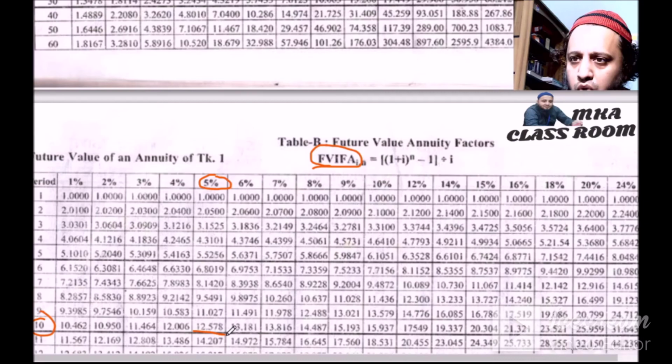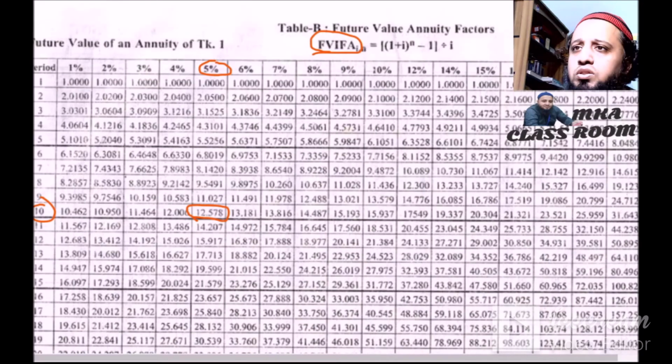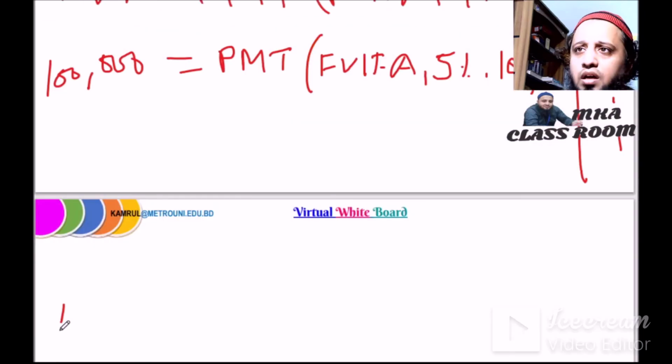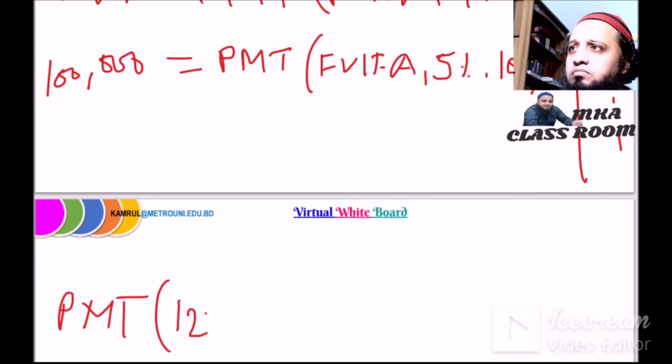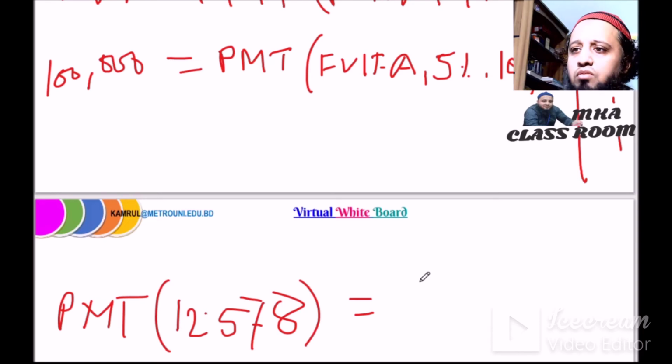Do you see this value? 12.578. So if we write down the value, PMT times 12.578 equal to 1 lakh.